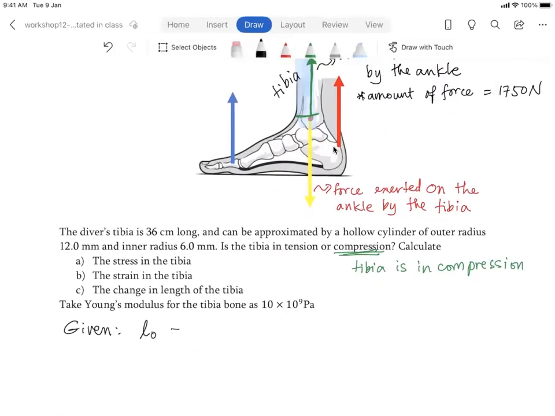The length of the tibia is 36 centimeters. We convert this to meters by dividing by 100, then we have 0.36 meters for the length. The Young's modulus is 10 times 10 to the 9 pascals.